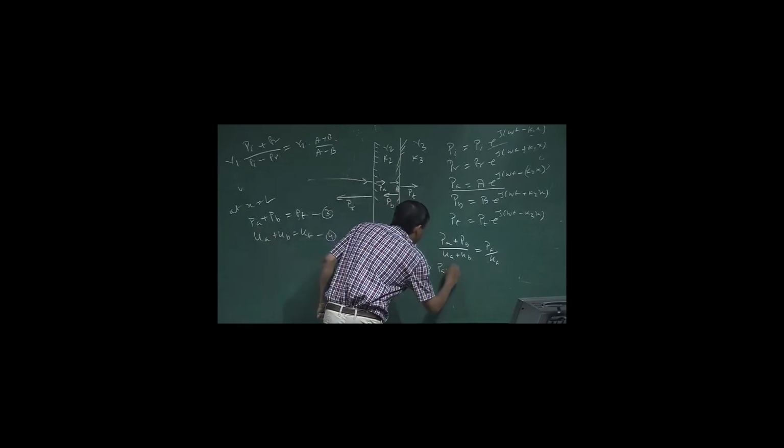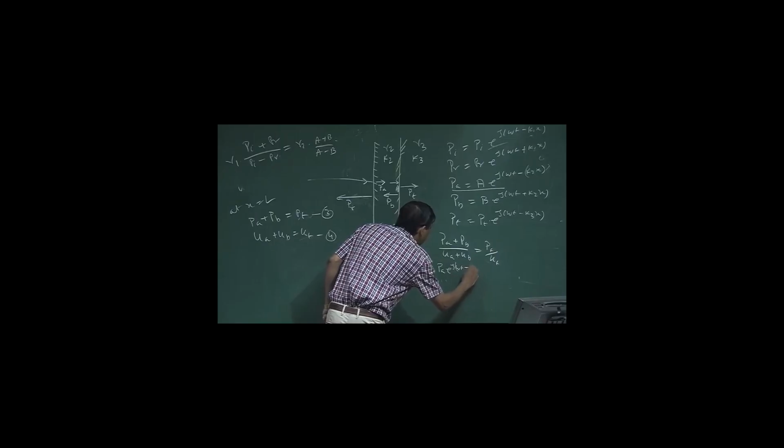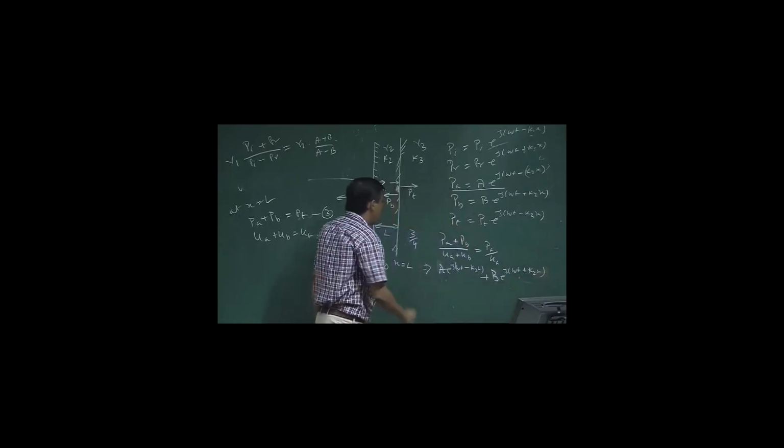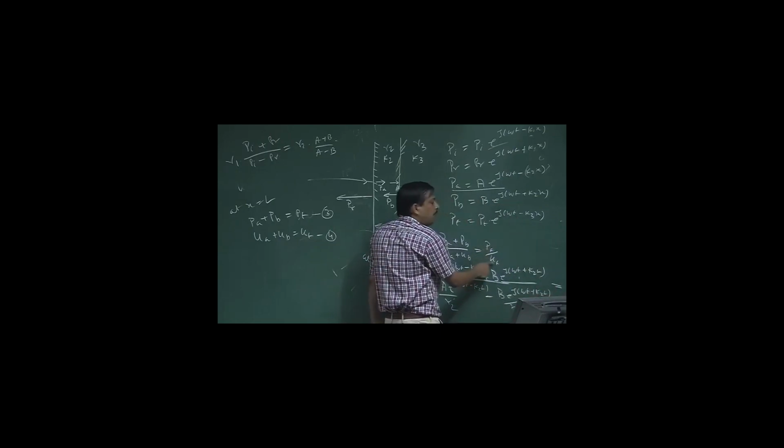Pa at x equal to L is A e to the power j omega t minus k2L, plus Pb, where amplitude is B, so B e to the power j omega t plus k2L, divided by Ua, which is A e to the power j omega t minus k2L minus B e to the power j omega t plus k2L, and the whole thing is divided by r2, equal to Pt divided by Pt by r3.